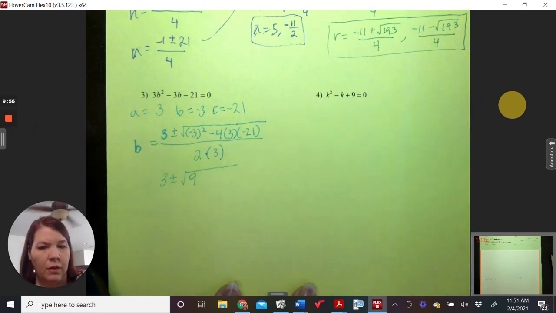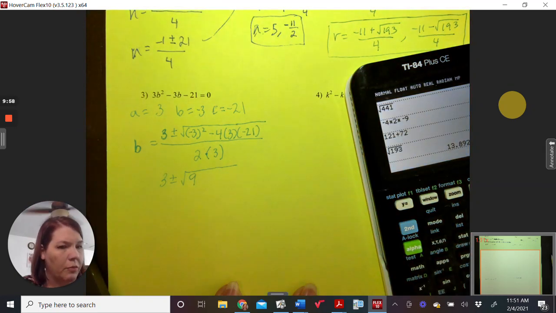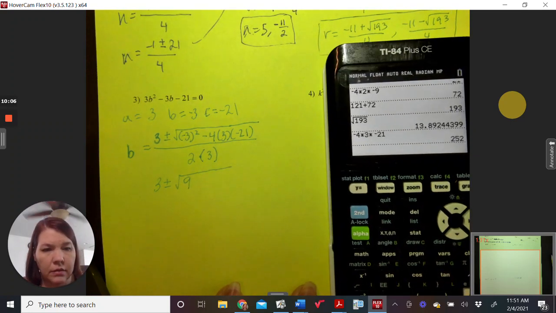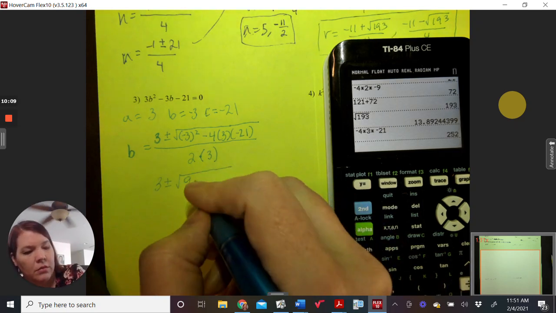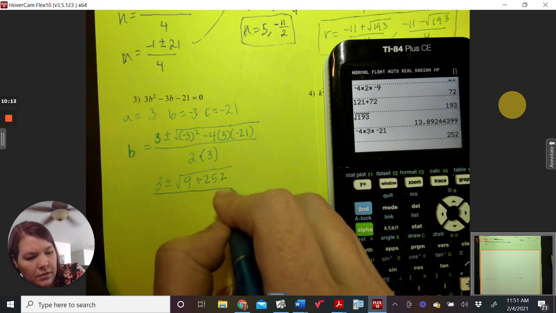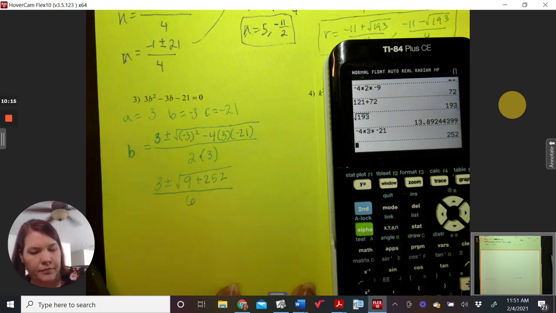Again, we'll use our proper minus signs in there. Negative 4 times 3 times negative 21 is 252. Again, positive. 2 times 3 is 6.